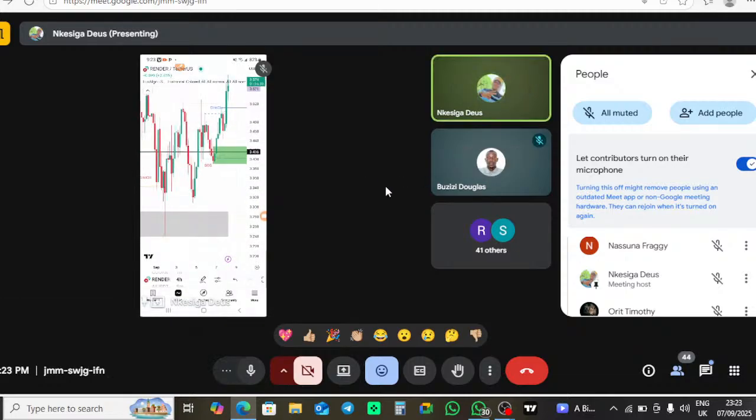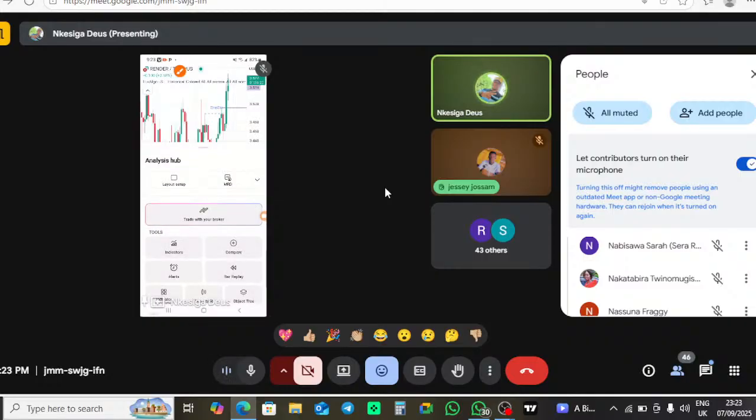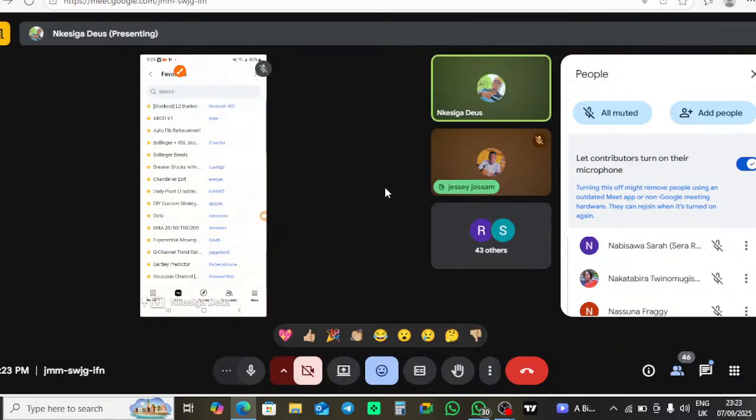So they allow you to have only two indicators. Make sure before you add the second one, you have one here, and come on this dot down here, then click on indicators and you search. But me, I have it on favorites.